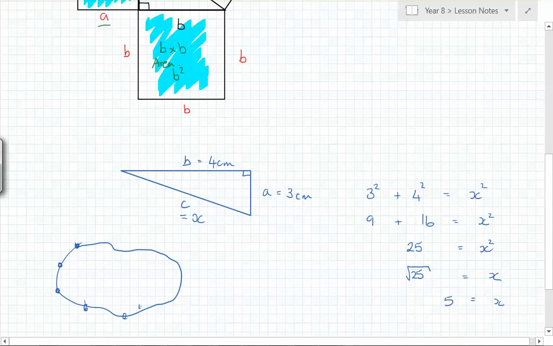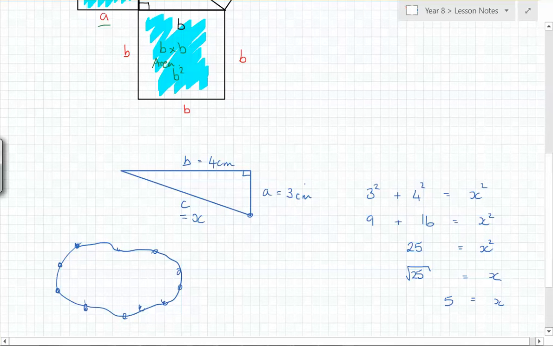And then what they knew was, if they got 3 people, or stakes in the ground, and they spaced it, so there was a stake, and they went 3 spaces, put another stake, pulled it tight, and wrapped it round, they always got a right angle. And that's how they managed to make buildings with a right angle without having proper set squares. So just a bit of rope, 3, 4, and 5, made into a 12. Pull it tight, and that's how it works. So that's a special one.